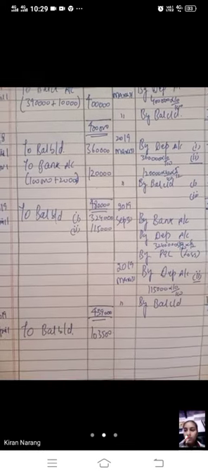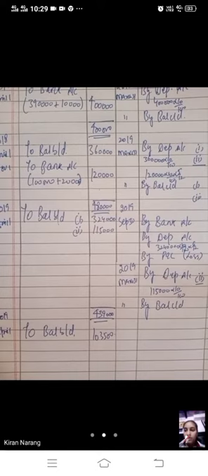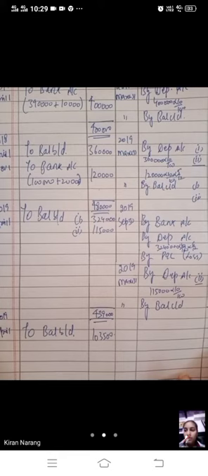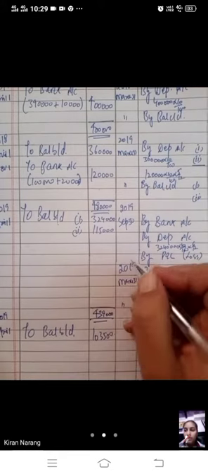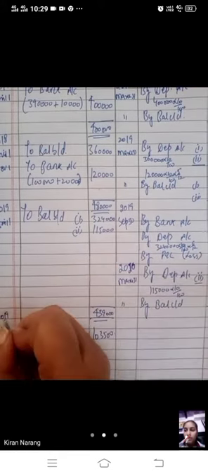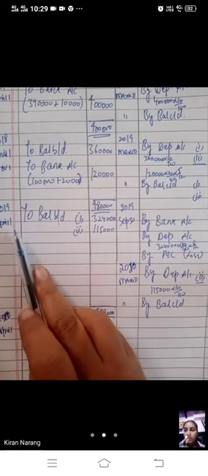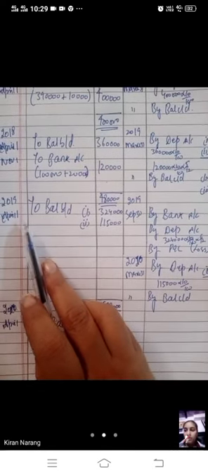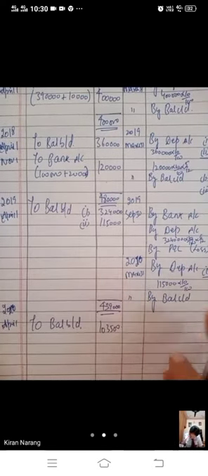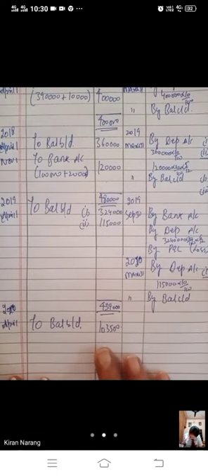And they have said that till 31st March 2020 you have to prepare the machine account. This we have already made. If the year is starting on April 1, 2019, it will end on 2020 March 31. So this is your answer.